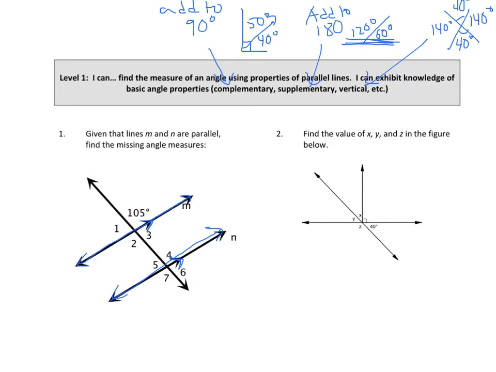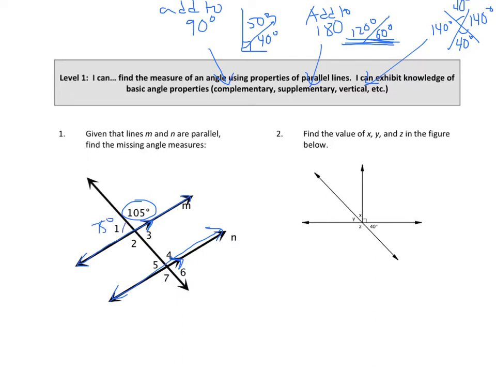And then using our properties of complementary, supplementary, and all of that, we can figure out the other angles in this diagram. So, for example, if I know that this angle right here is 105, and I want to find the measure of angle 1, since those two angles make a straight line, I can do 180 minus 105, and I get 75.